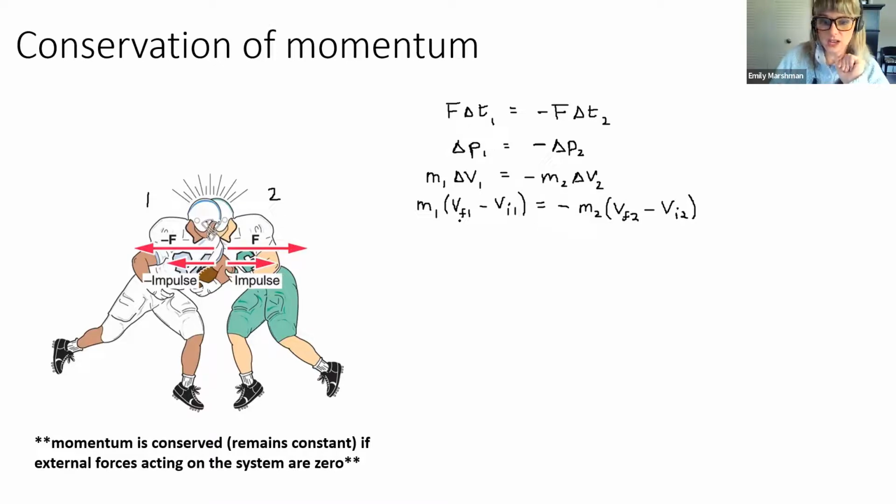And what I'm going to end up with is m1 times the initial velocity for player 1 plus m2 times the initial velocity for player 2 equals, and then everything with final velocity on the other side: mass 1 times the final velocity for player 1 plus mass 2 times the final velocity for player 2.